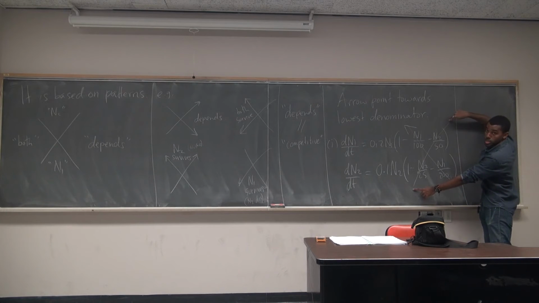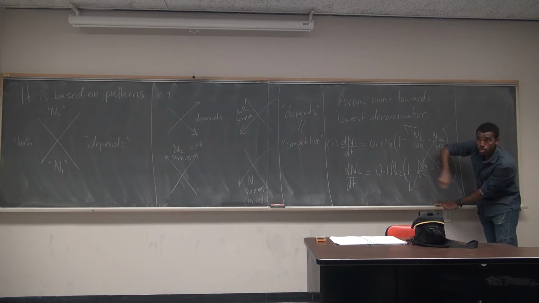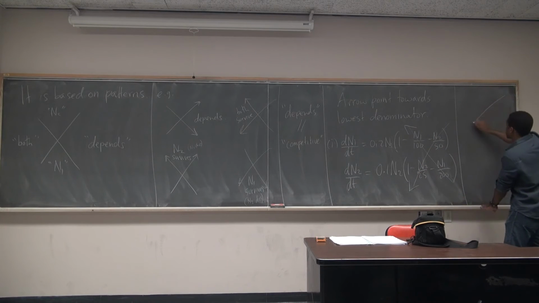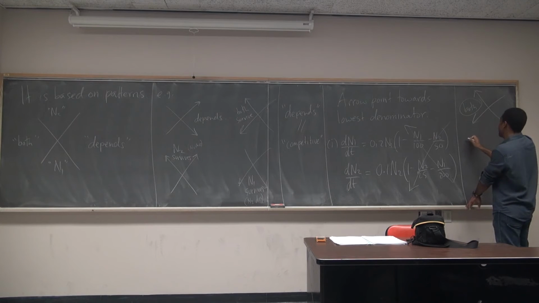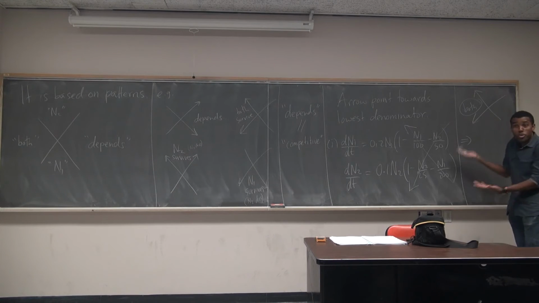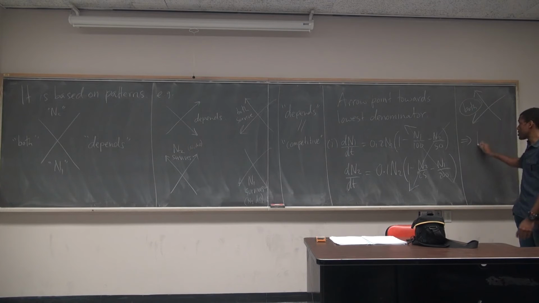Along this line, whose denominator is smaller? This one. My arrow is going to point that way. So this gives me that pattern, which tells me both. So before I even do anything, I know both will survive.